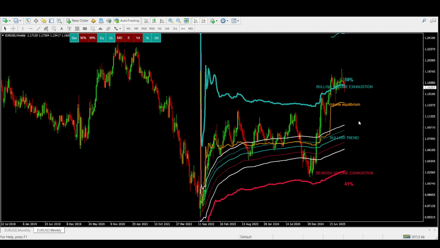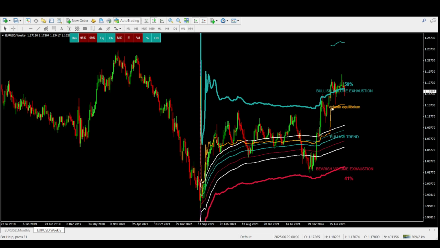If the market drops below, then everything will finish, but the market can proceed up, and you see how the volume equilibrium changed from down to up. Here is the bearish volume exhaustion, here is the bullish volume exhaustion. 50% is here.